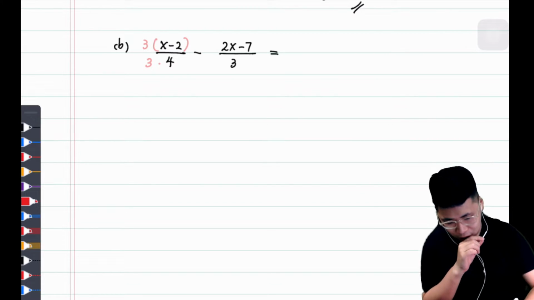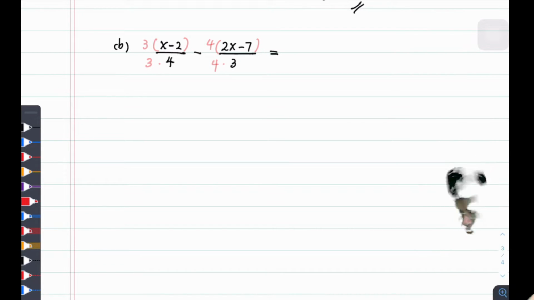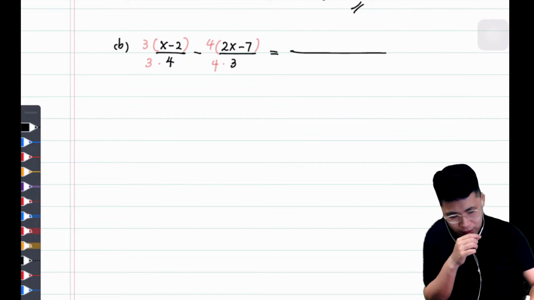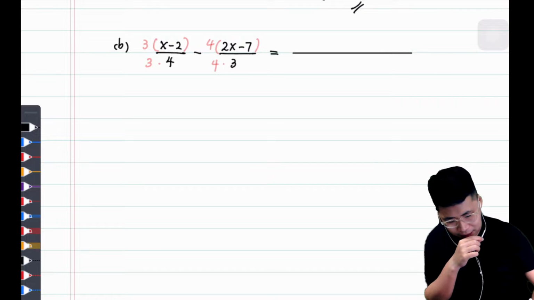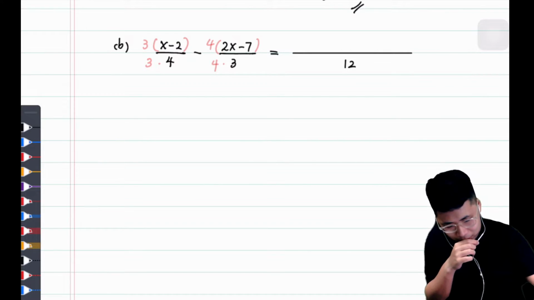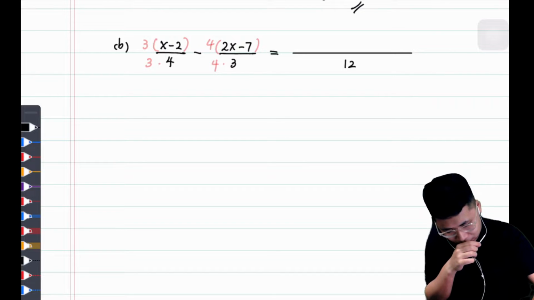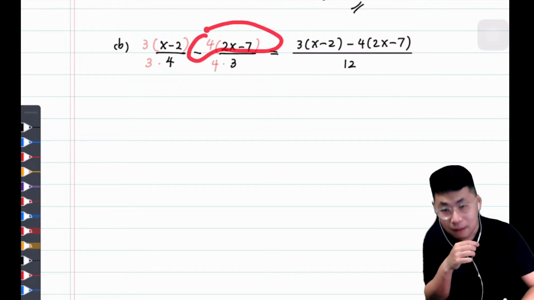The second fraction, multiply by 4 at the bottom, multiply by 4 on top to balance as well. Let me combine them as one first, and write down the common denominator 12. So on top, I'm going to have 3 times x minus 2 and minus 4 times 2x minus 7.